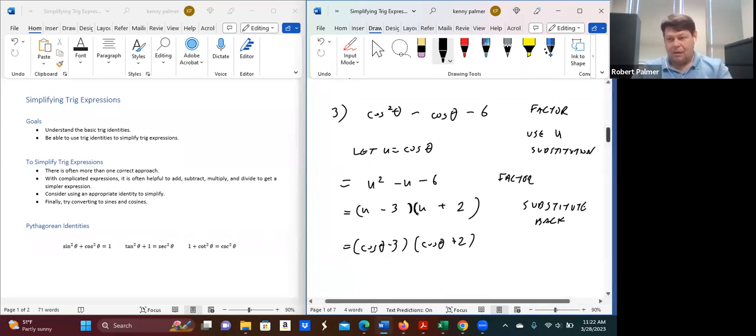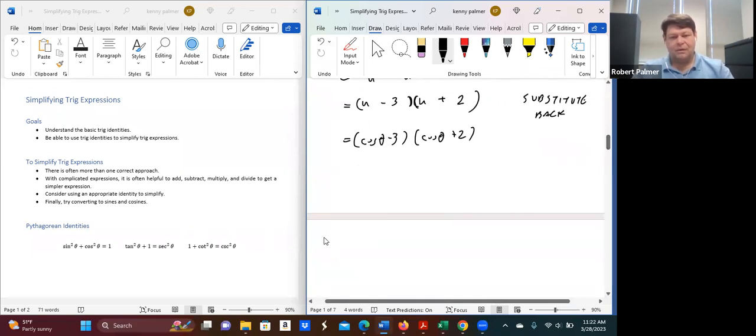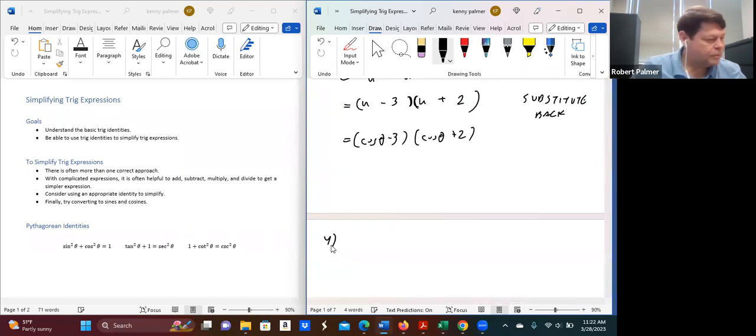Now let's try another different skill. Let's take a look at number 4. Let's say we have this. In our numerator, we have 30 times sine cubed of x times cosine of x.